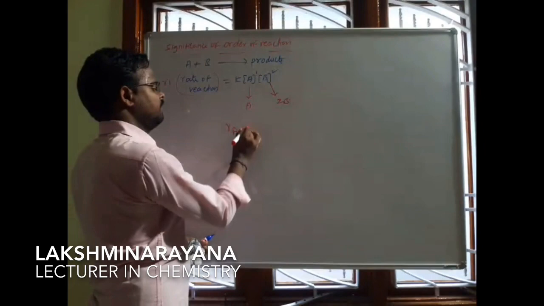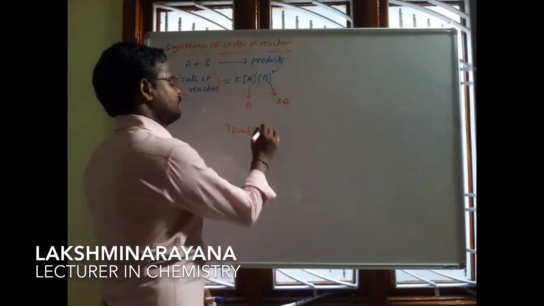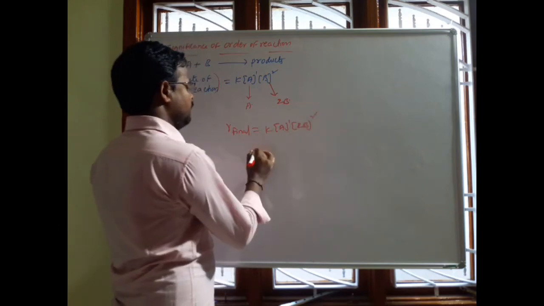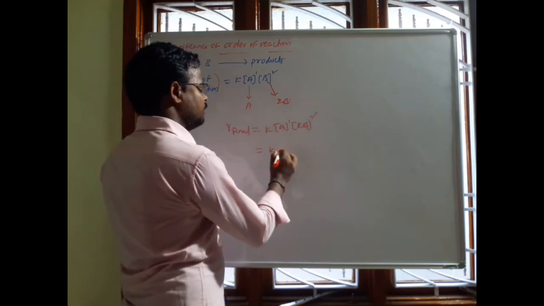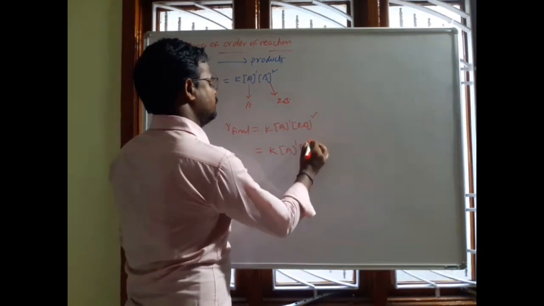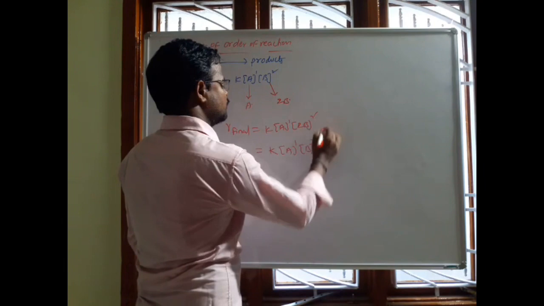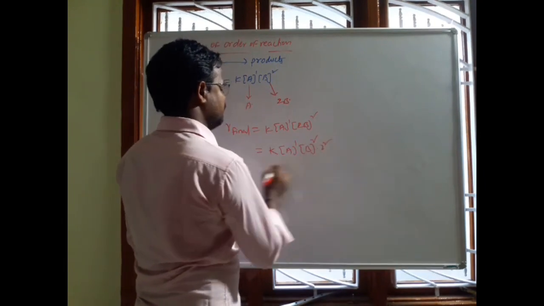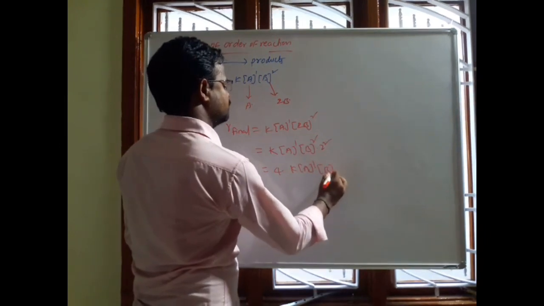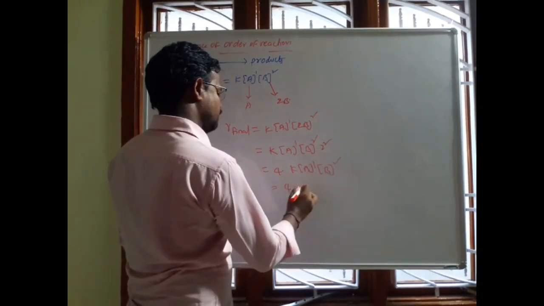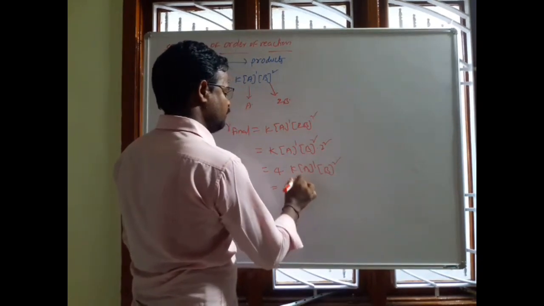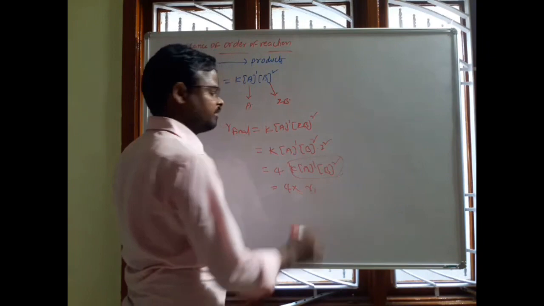The final rate equals K into A power 1 into 2B power 2, which is 2 squared, that is 4 into K into A power 1 into B power 2, so 4 into the initial rate R1.